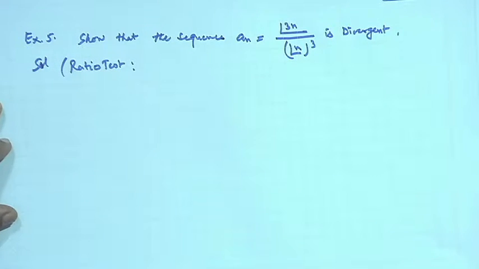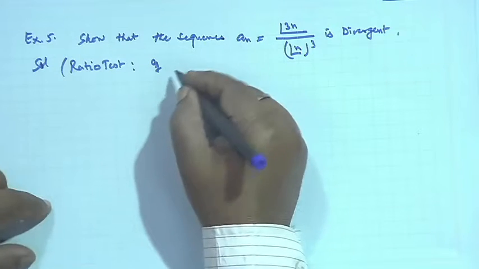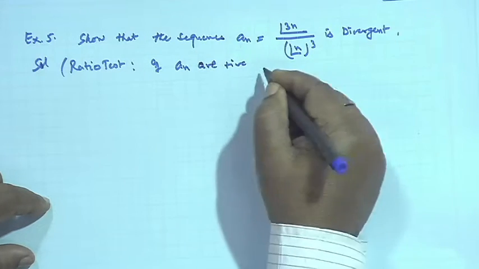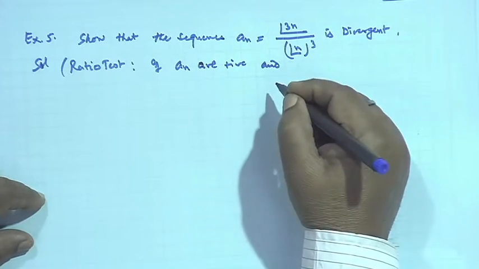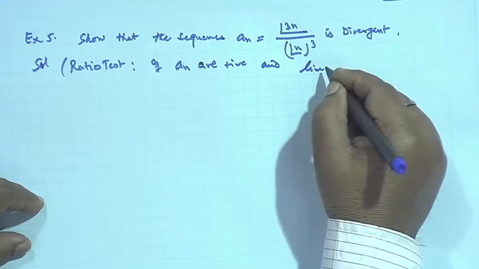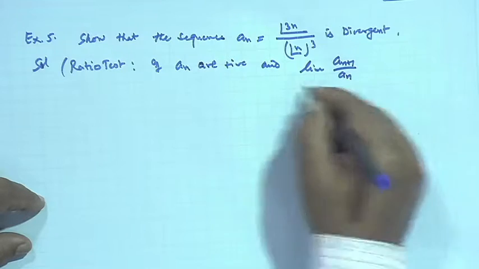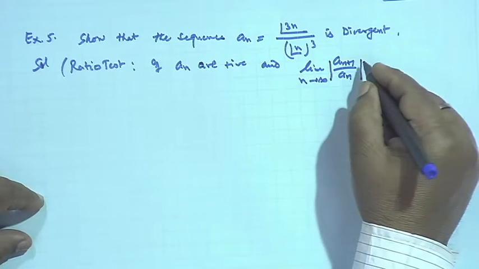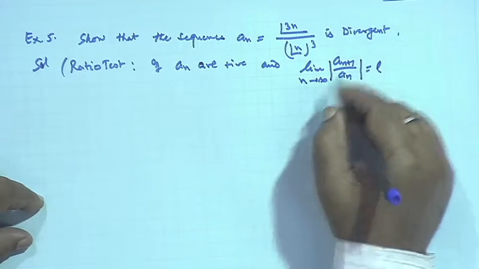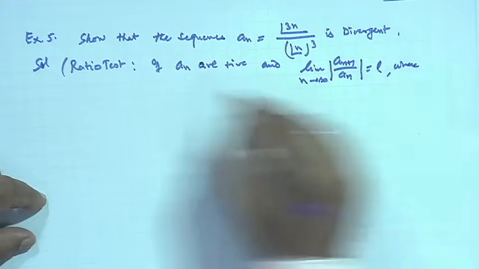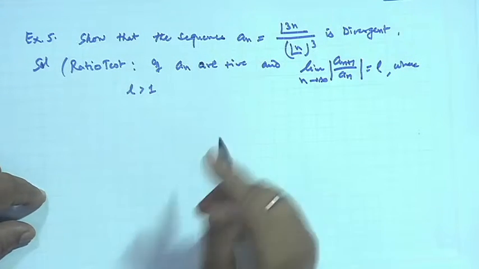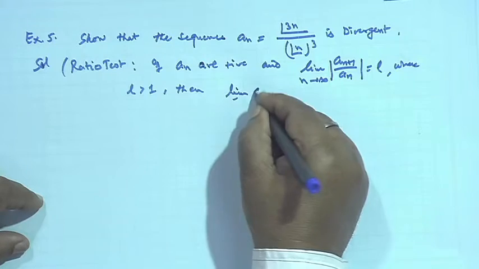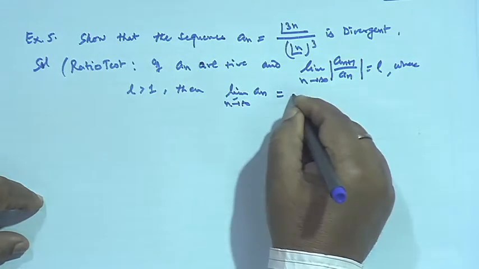If the a_n's are positive, and the limit of |a_(n+1)/a_n| as n tends to infinity is, say, L, where L is greater than 1, then the limit of a_n as n tends to infinity is infinity.